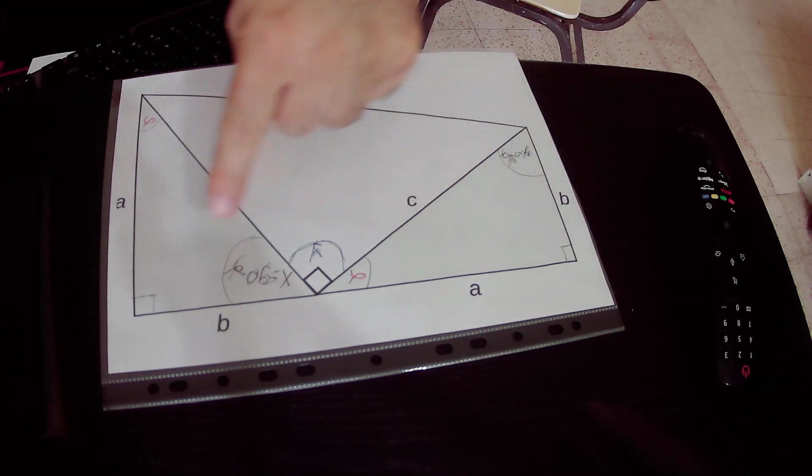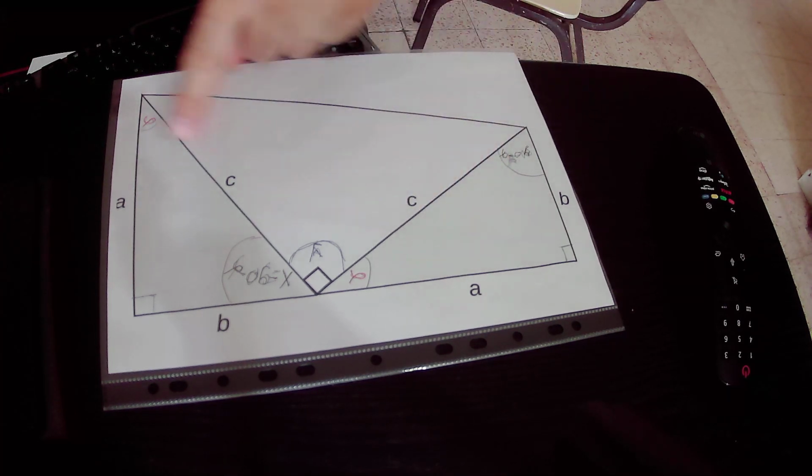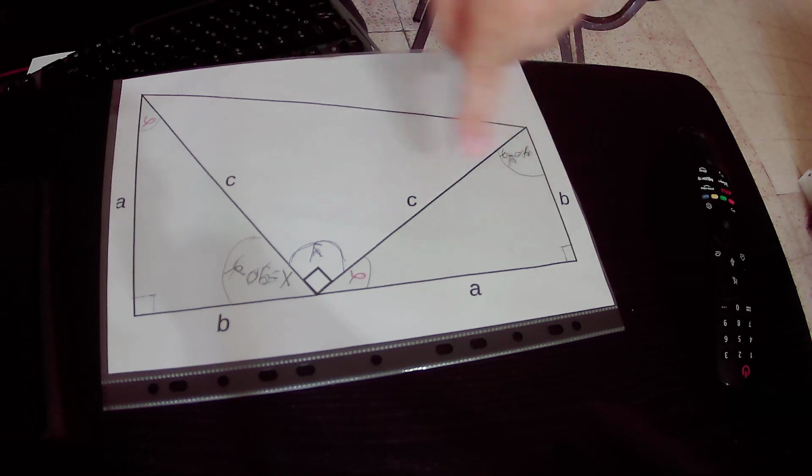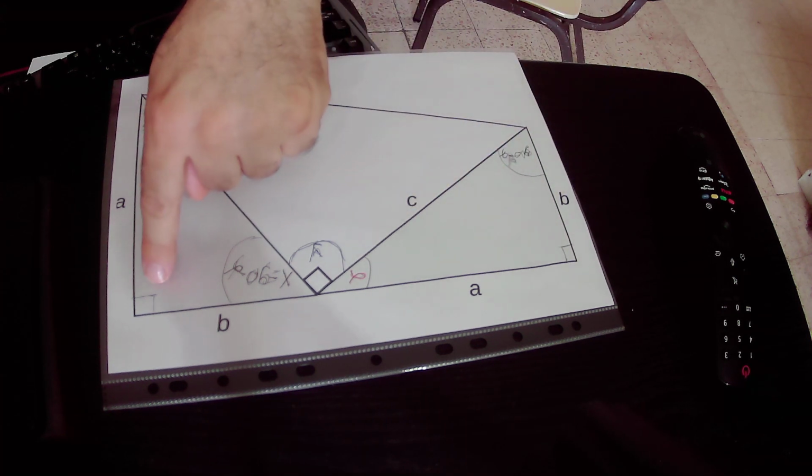That is to say, two triangles that have two sides equal to each other, and also the angle between these sides equal in both triangles, are congruent. So as I already said, side A equals side A, side B is equal to side B, and this is 90 degrees, and this is also 90 degrees.